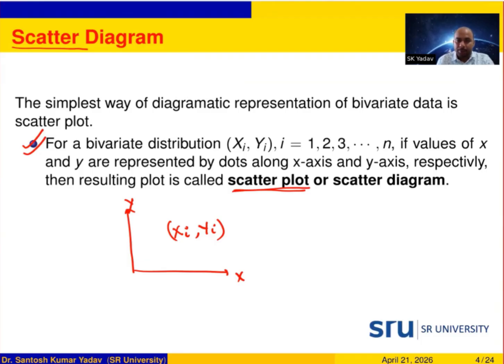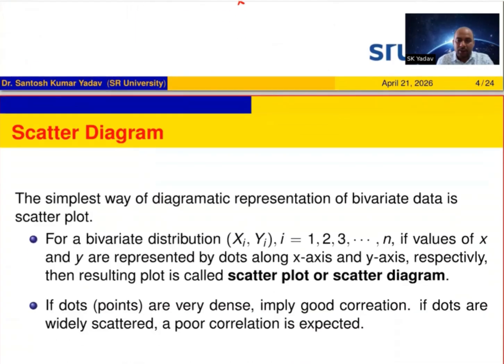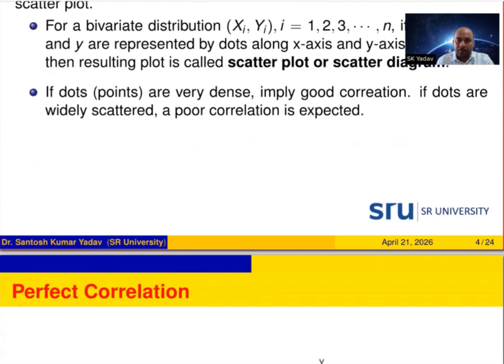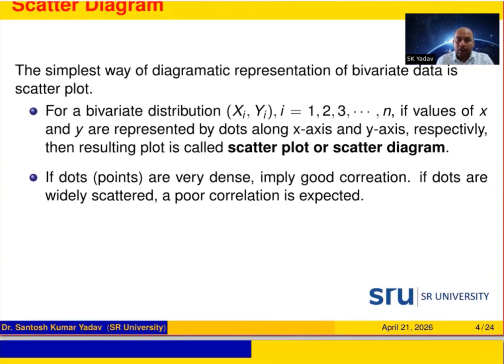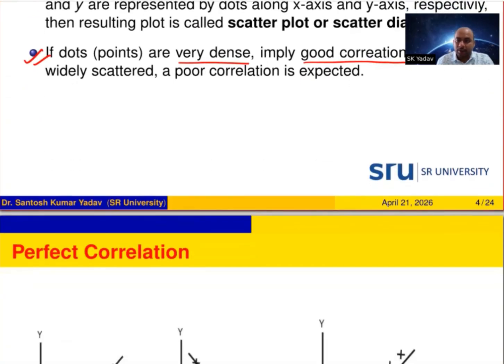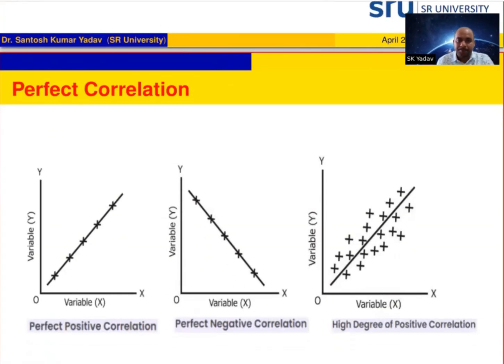Let us see some particular diagrams which are representing the correlation. Whenever points are very dense, this implies a good correlation, and if points are scattered randomly, poor correlation is expected.